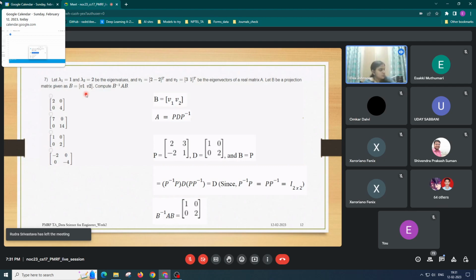Have you learned what a projection matrix is? It is very useful in data science.